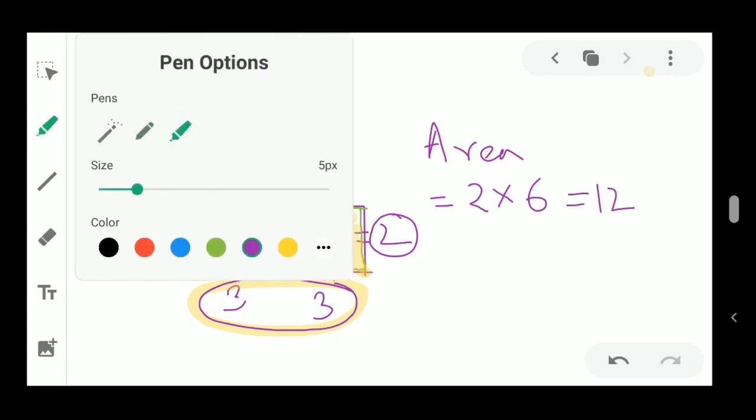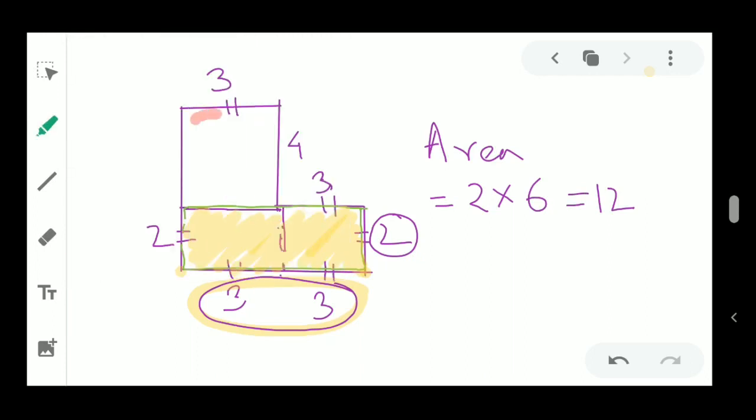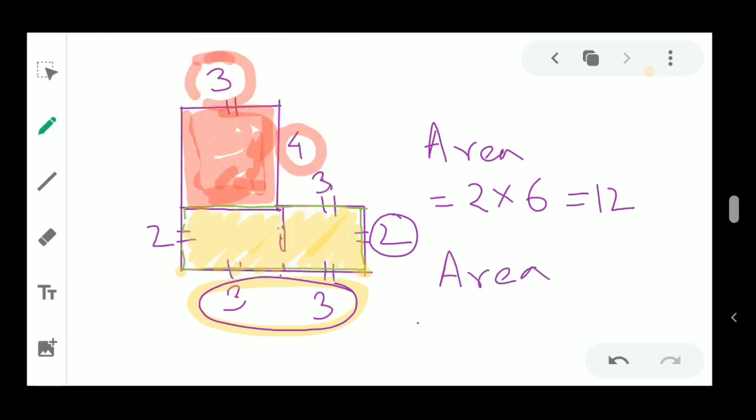Now for the upper rectangle, for this rectangle we can see that one side is 3, another side is 4, so the area for this one will be 3 into 4, that is 12.